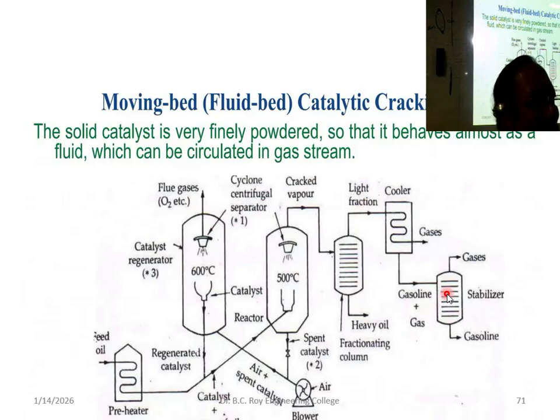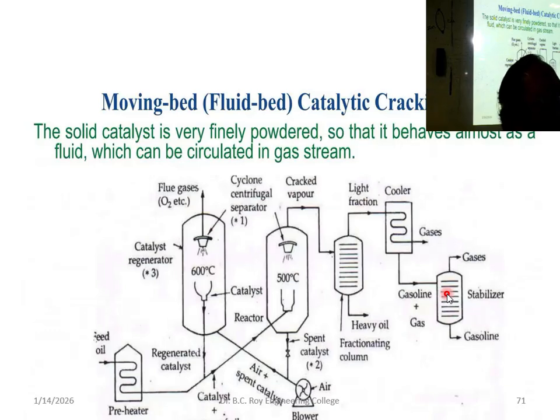So intake stroke, compression, power stroke, and exhaust stroke. Now, sometimes in the compression stroke itself, before the ignition, the fuel automatically catches fire. Then the fire is inside the piston.